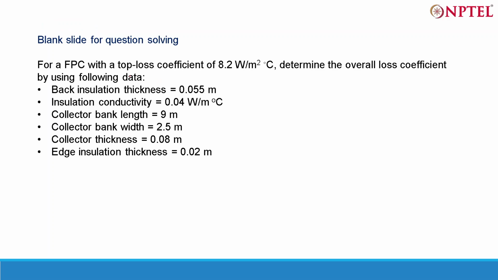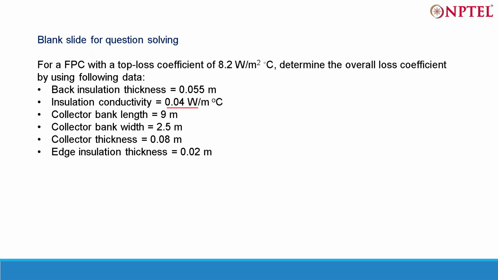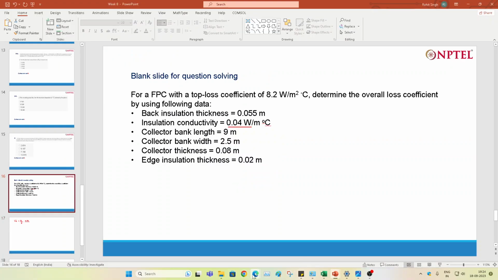So what is the value of Ki from here? 0.04. And what is the value of delta here?